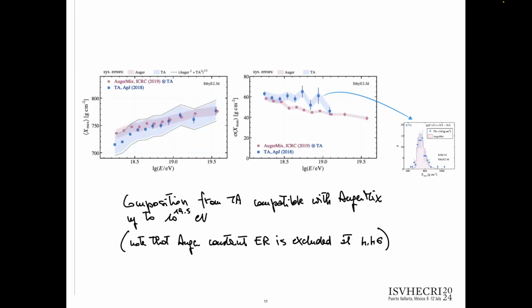Yeah, Ralph, you wanted to say something? I only wanted to say that there are many indications, but none of those studies were conclusive, also from Quentin. So we don't really know right now where the difference comes from, because the effects seem to be small. In TA, you did some checks about the optimal distance and the constant intensity cut and other things, and none of them was particularly able to explain this, right?